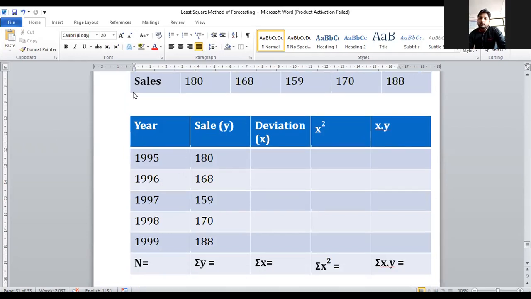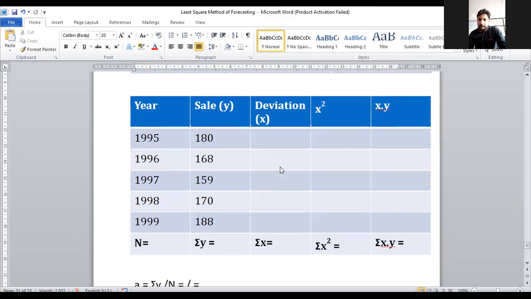You can directly start with the years, then sales or actual demand, which we take as the variable y. Then we have to calculate the deviation x, then x square, that is deviation square, and the product of deviation and actual sales, that is x multiplied by y. The most important part is to provide the proper deviations for the given data.